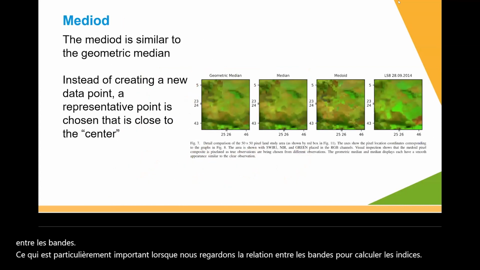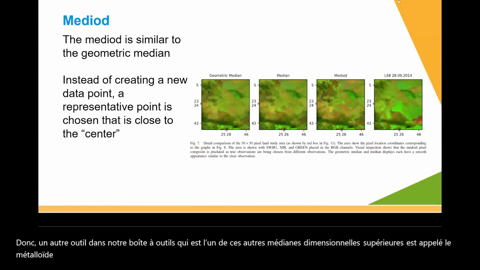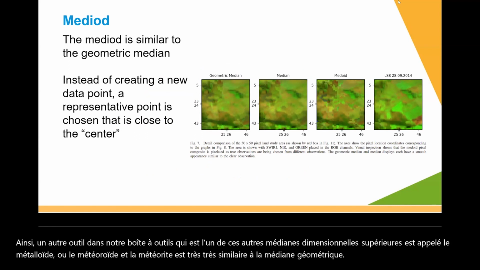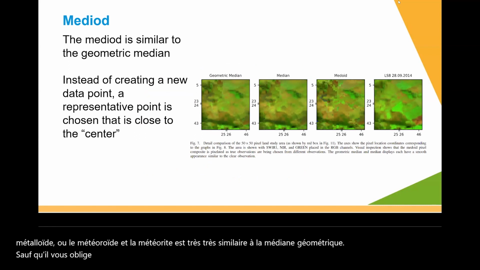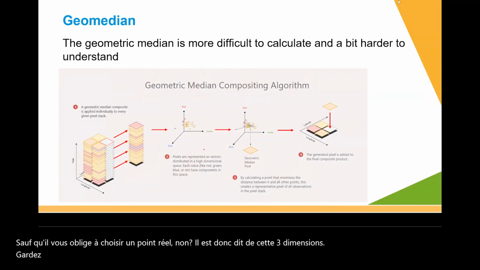So another tool in our toolbox, one of these other higher dimensional medians, is called the Medoid. The Medoid is very similar to the geometric median, except it requires you to choose an actual point. Keep in mind we have this three-dimensional scatter of the pixels, of that time series of pixels.